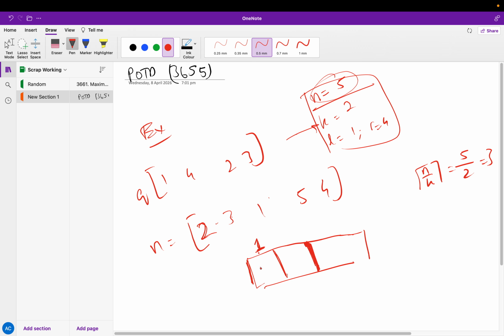Obviously this is index 0, but I'm saying it refers to index 1 in nums. This box here refers to index 3, and this one refers to index 5, which doesn't exist, but whatever.